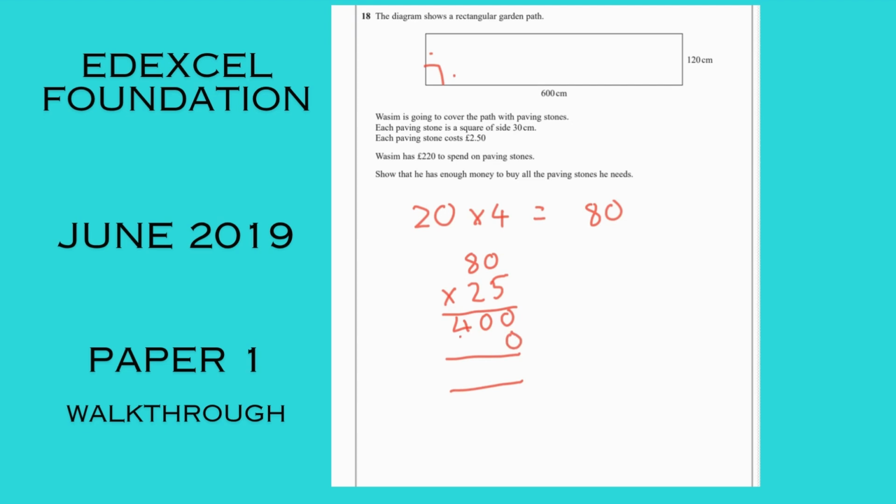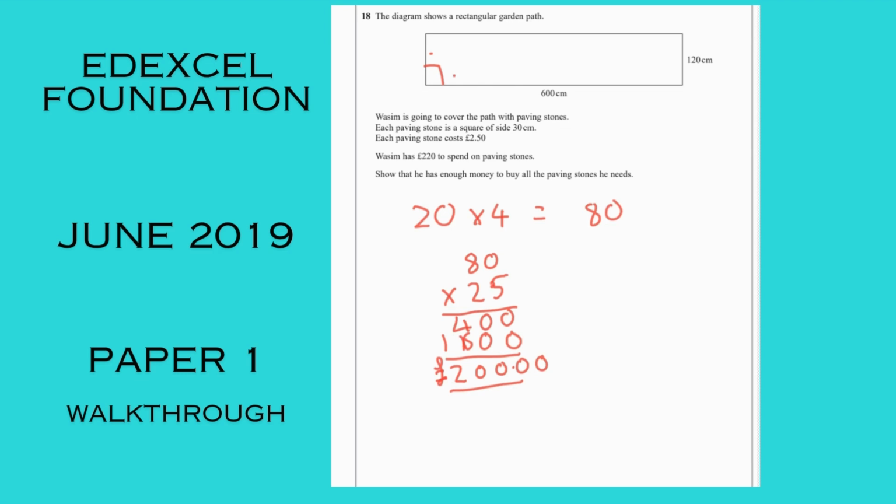And 2 times 80 is 160, giving us a total of 2,000. But that's, don't forget, 80 times 25, so 80 times 2.50 is really £200.